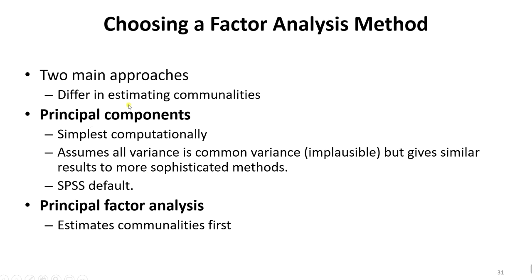And the difference between these two methods is the difference in estimating communalities. In principal component, as I have said earlier, the communality estimate is used as 1, and in principal factor analysis, the communality estimate is generally used as a squared multiple correlation. The multiple correlation of a given variable with the remaining variables is squared and used as the communality estimate.